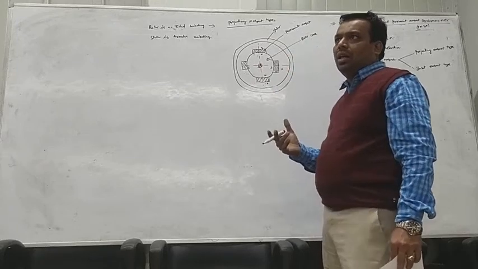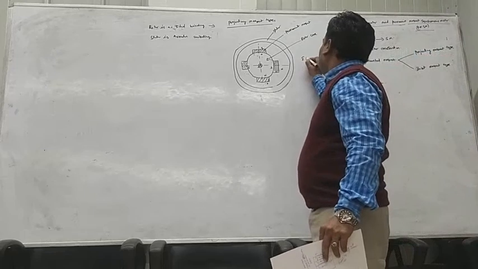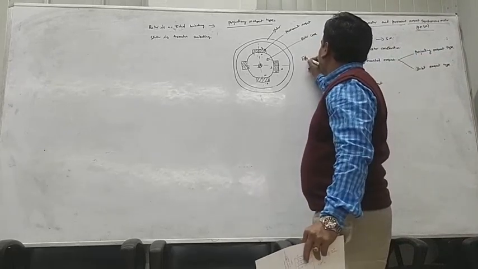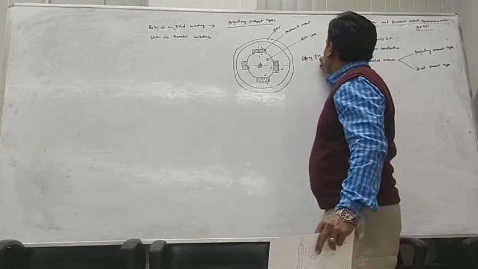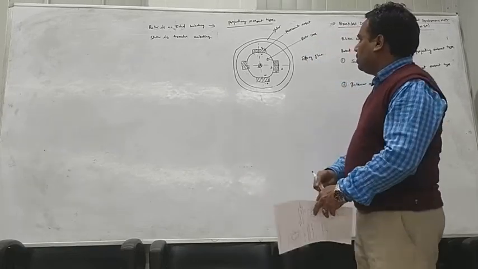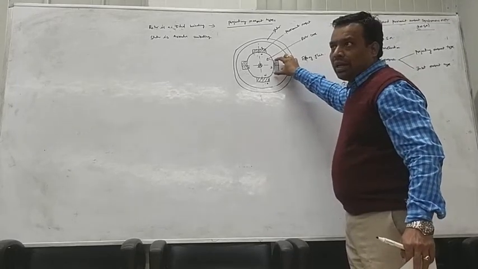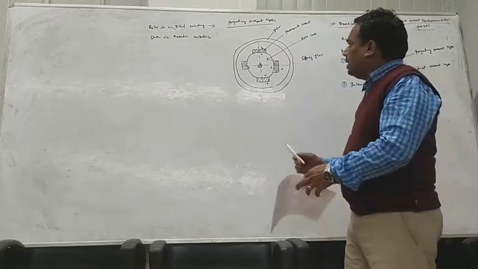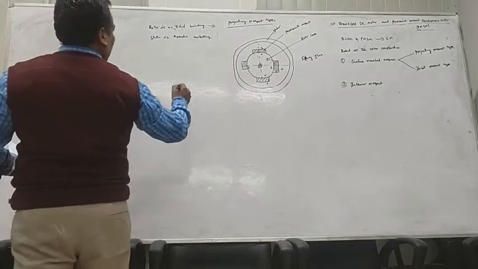How are we attaching them? By using epoxy glue. So by using epoxy glue, we are attaching the permanent magnets on the surface of the rotor. This construction and this motor are not robust.